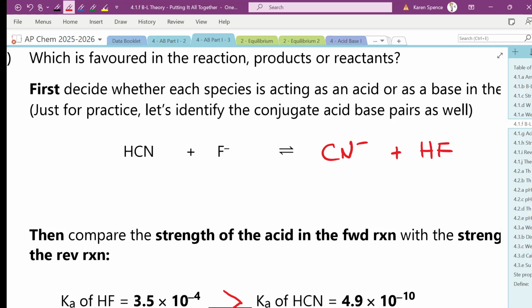Forward or reverse? Reverse. HF is better at giving protons. So where is this going to end up? Is it going to end up with more HF, or is it going to end up with more F minus? We're going to end up with more F minus.